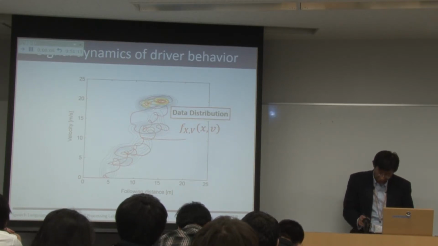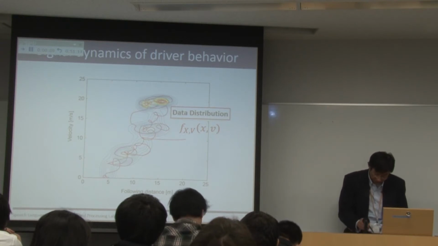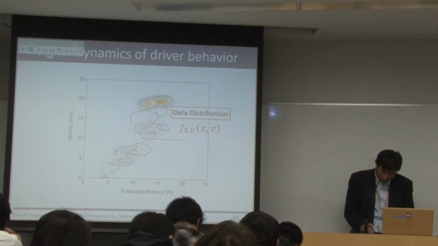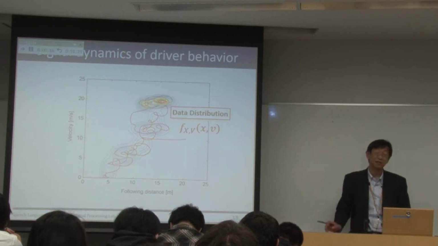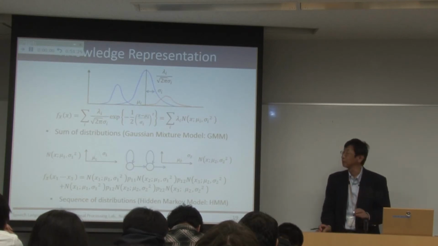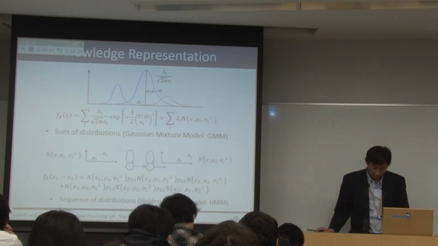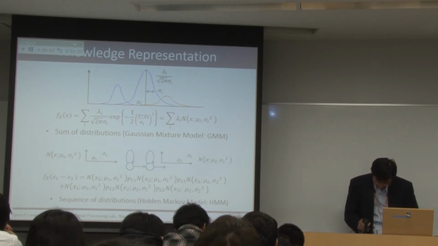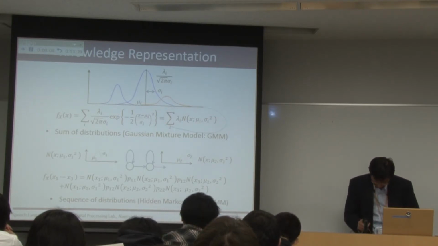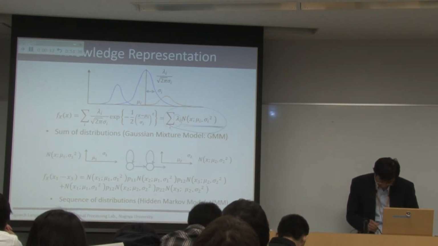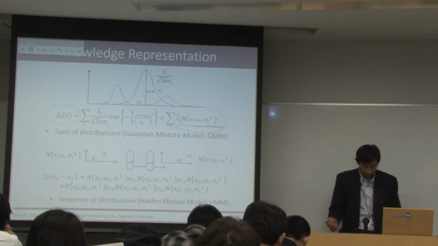In this case, for example, there are actually 7 or 8 mountains on this plane, which means that we can mathematically describe this by summing up 7 or 8 Gaussian distributions, which may be characterized by an equation like this. The weight times the Gaussian distribution gives you the probability that you observe the set of data.